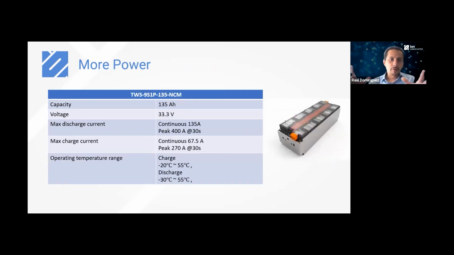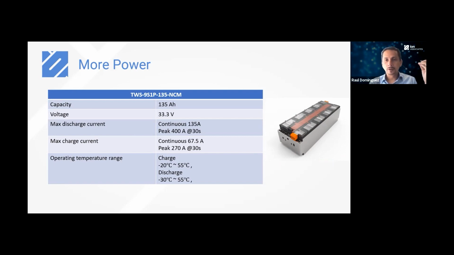Next, please. Here's another example. Here's a big battery pack, 135 amp hour, 33.3 volts. So it can withstand 135 amps. It's a lot of juice, a lot of power. We can withstand peaks of discharge of 400 amps.